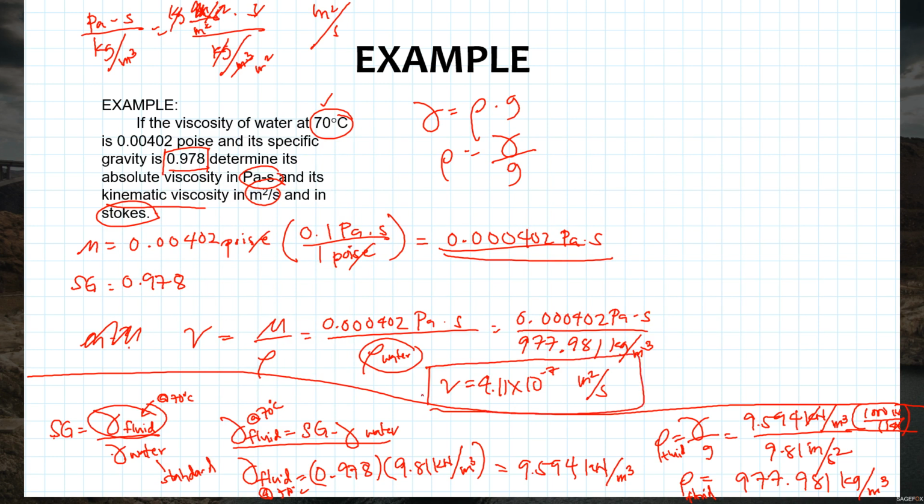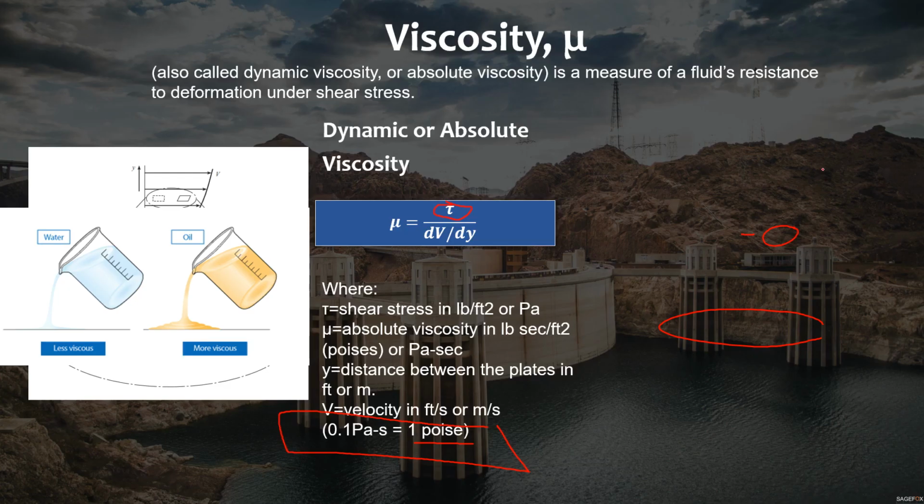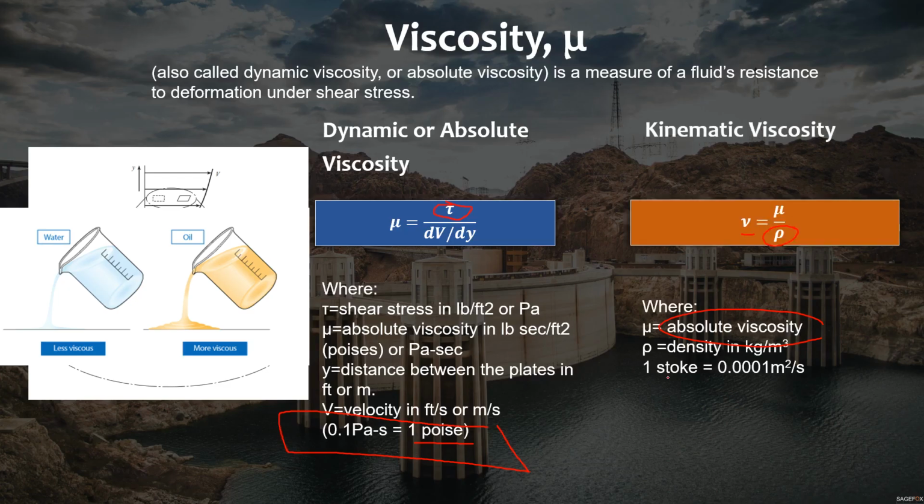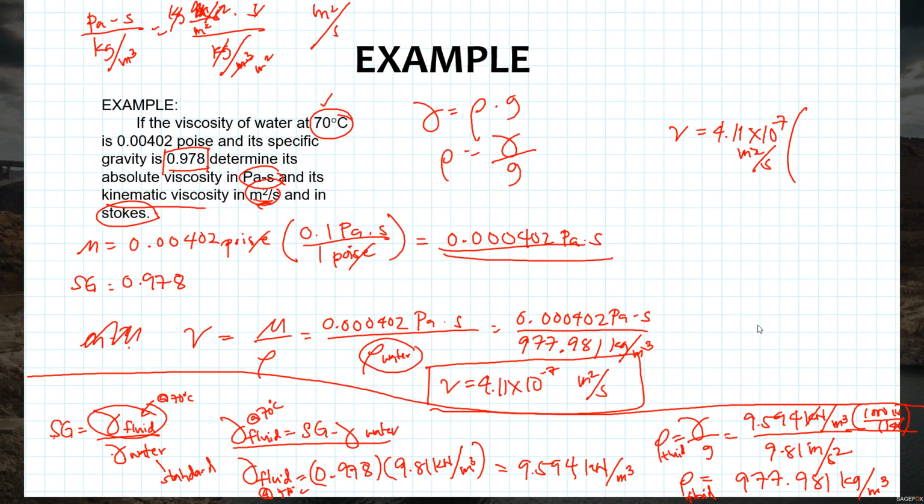That's your answer for the kinematic viscosity in meters squared per second. While in Stokes, we will just simply convert that. The 4.11 times 10 raised to negative 7 meters squared per second is multiplied by the conversion factor of 1 Stoke, which is equal to 0.0001 meters squared per second.